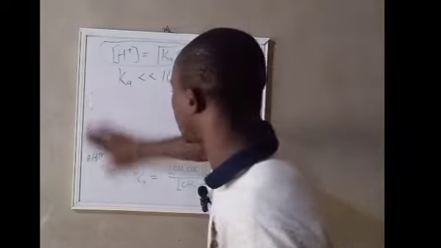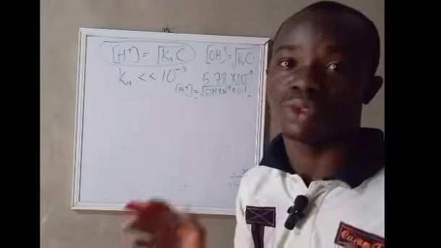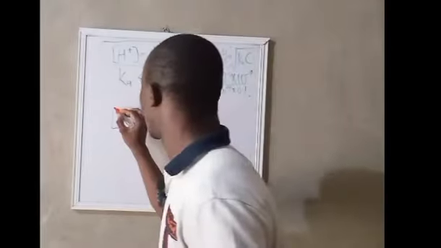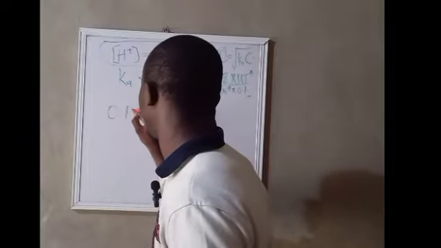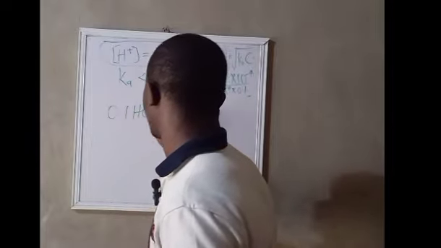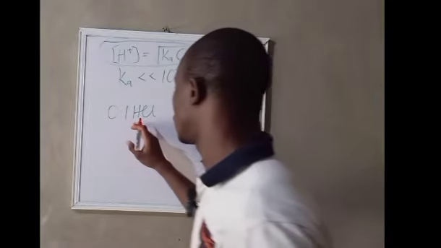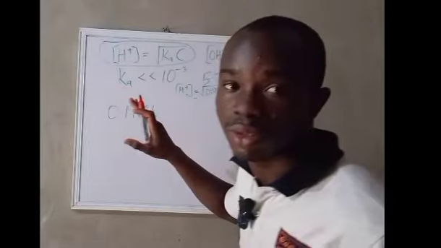But for a strong acid, like I said, you don't need to bother yourself with Ka or Kb. So let's say we are given 0.1 molar HCl, and we are to determine the pH of this solution.